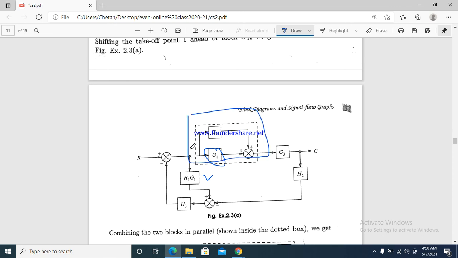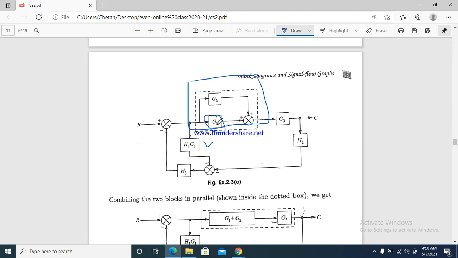Next you are left with only this portion. What does this portion mean? Here G1 is added with G2. So this is like a summing element. You need to add this, G1 plus G2. And also you should remember that you should not treat this one like a feedback. Feedback means output going back again to input, but you should observe this sign, the arrow mark.